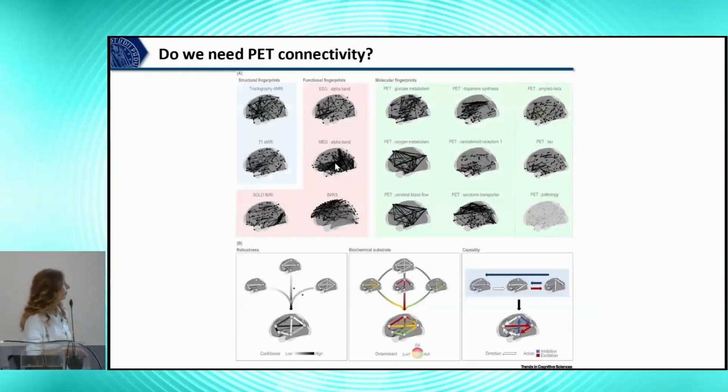So, having said this, I think this is the scenario for the future: having the possibility to describe the structural information, to investigate the network from a structural point of view, from a functional point of view, EEG, fMRI, but also from a molecular point of view. So having the possibility to investigate by using glucose, or for instance dopamine, serotonin, and so on.